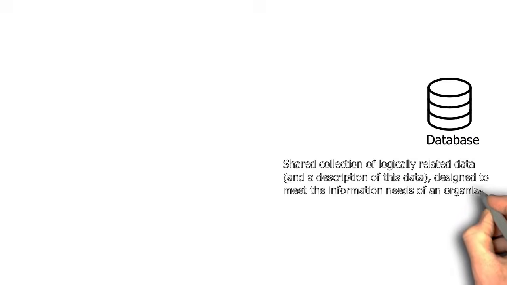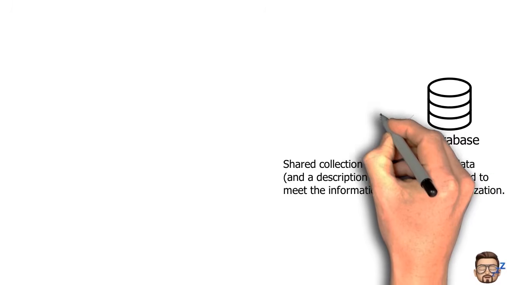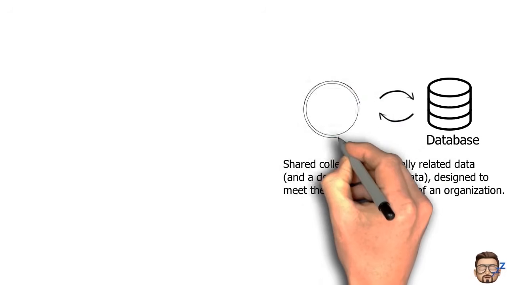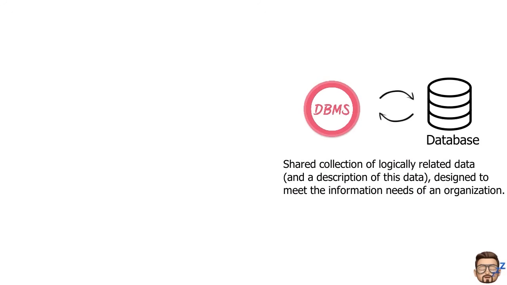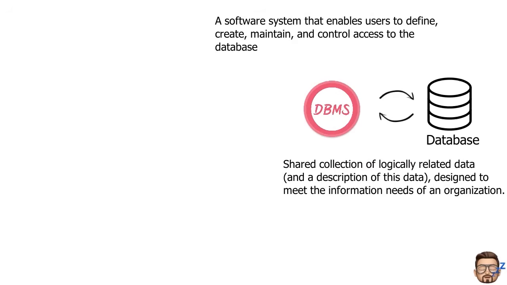In the database approach, the first component that we have is the database. It is a shared collection of logically related data designed to meet the information needs of an organization, or we can say the database is where we store our data. The database cannot be accessed directly by the user. Hence, we need the help of a DBMS to access or manage our database.